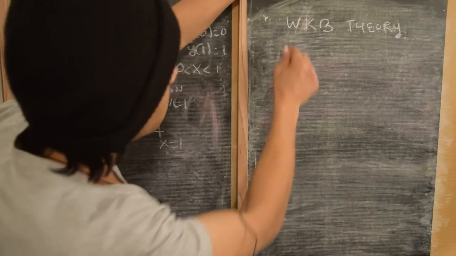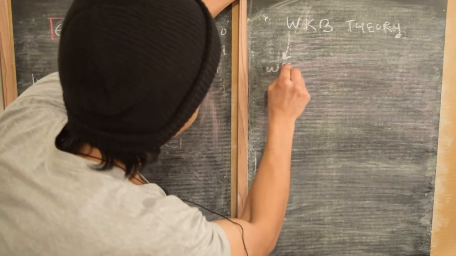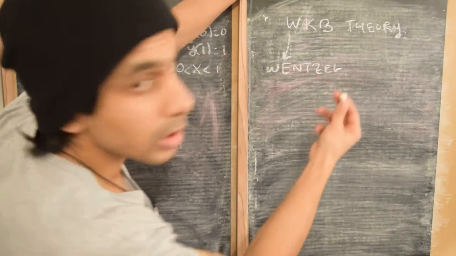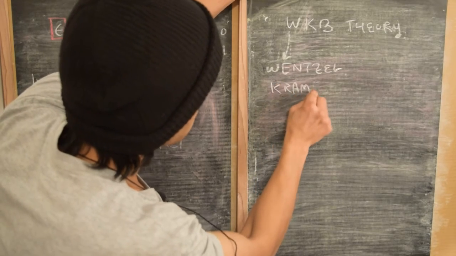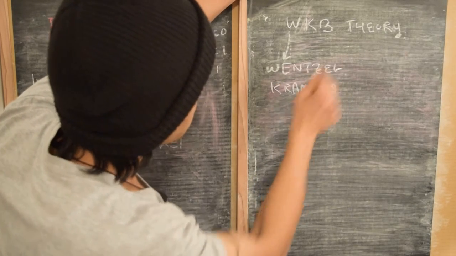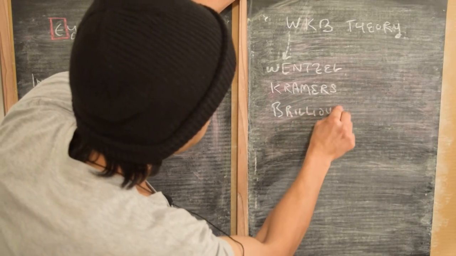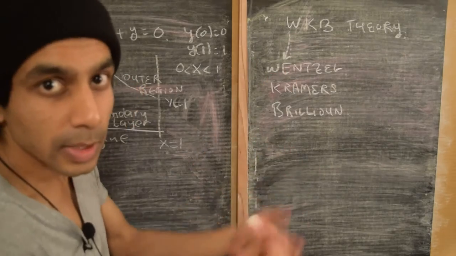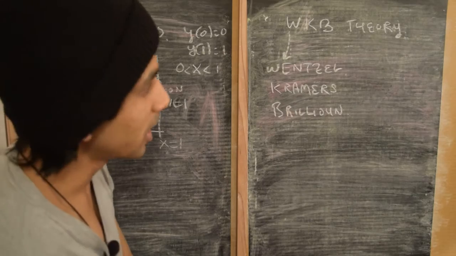Okay, and this is named after, W stands for Wentzel, who was a German physicist, K for Kramers, who was a Dutch physicist, and B for Brillouin, who was a French physicist. So their initials, WKB, constitute the name of the theory, WKB theory.